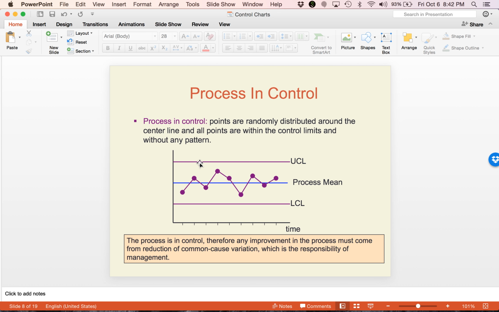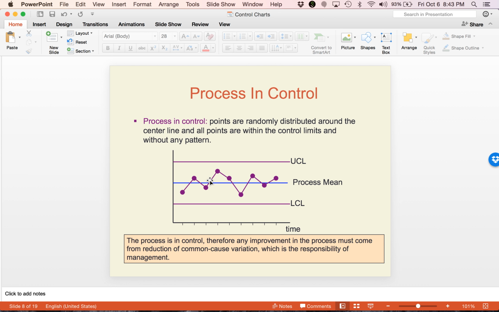So if you have these control lines, this upper control limit and this lower control limit, you'll see that they are placed exactly 3 standard deviations above the mean and 3 standard deviations below the mean. So if we have a measured value that's below the lower or above the upper, it would be more than 3 standard deviations away from the blue. It would be considered an outlier, an unexpected, unusual, or abnormal point.